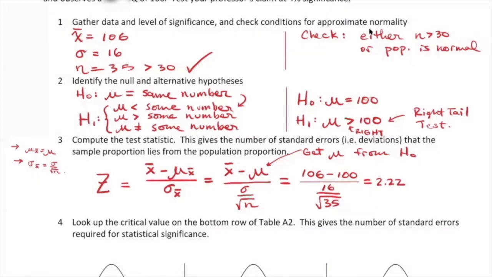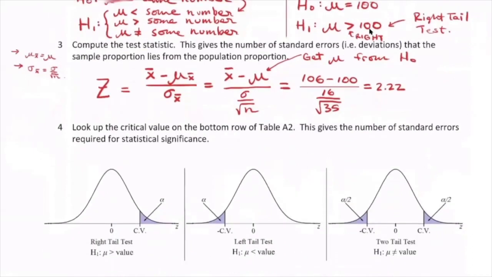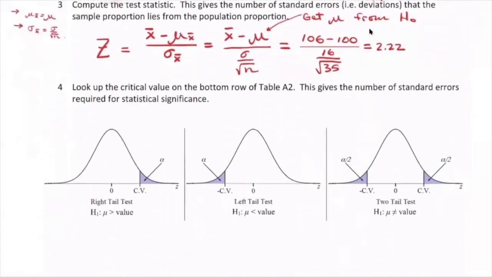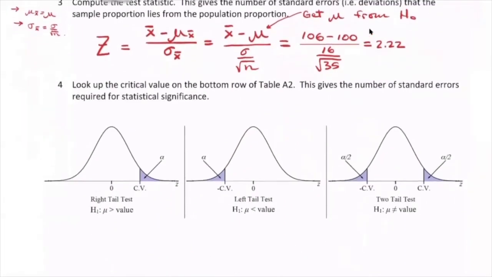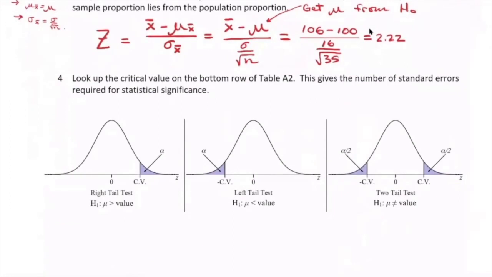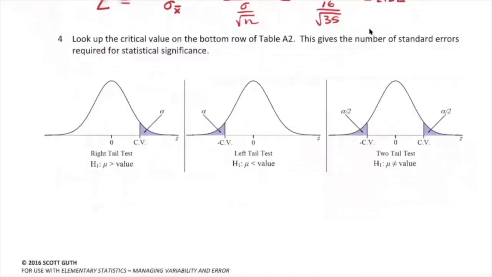Okay. And then you need a critical value to decide if this is statistically significant. This one's a right tail test. Remember, our H1 said that the mean is bigger than 100, so that makes it a right tail test.